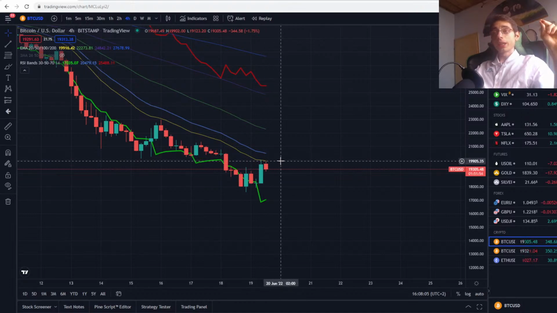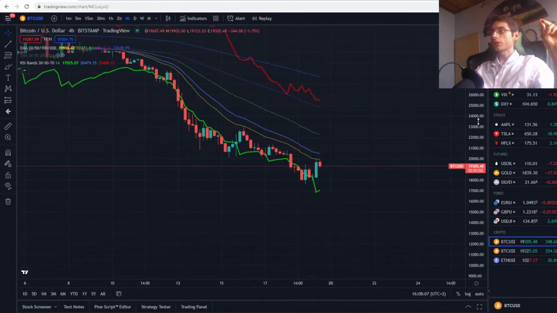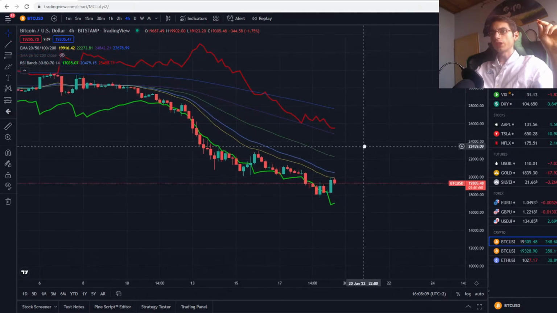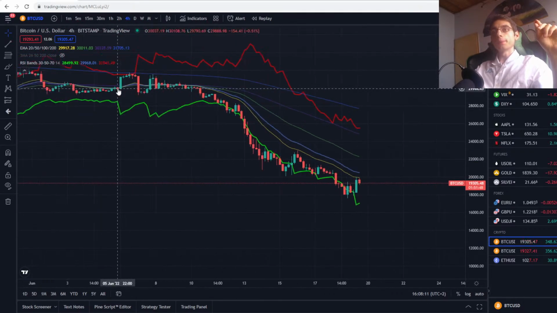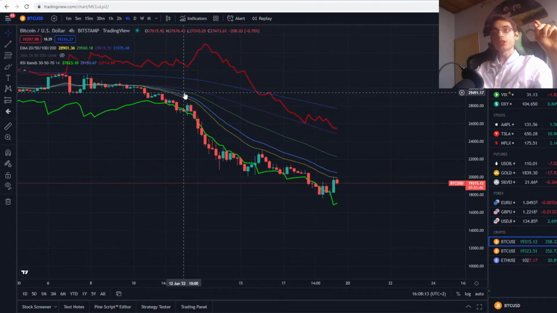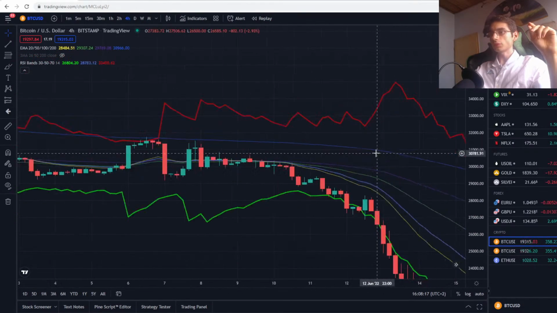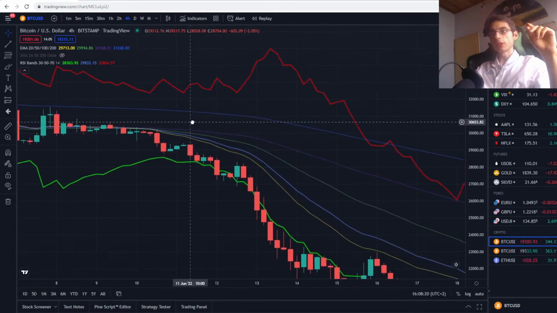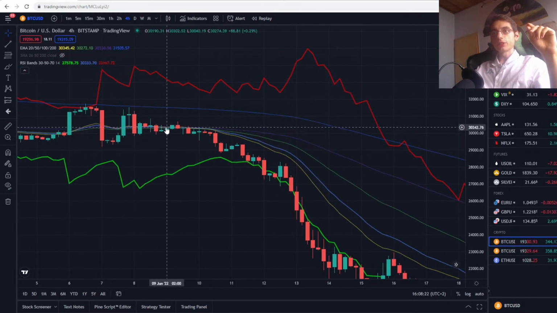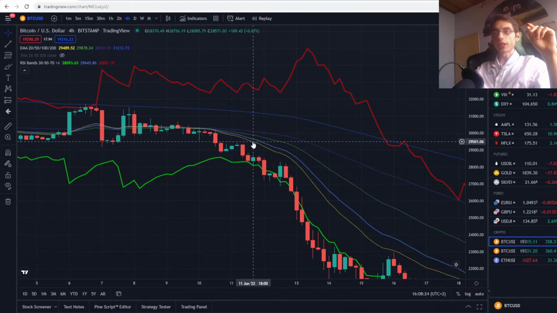The 20 EMA is currently a resistance, because we retested it more than one time on the way down. We retested it right here, as you see, the yellow line.